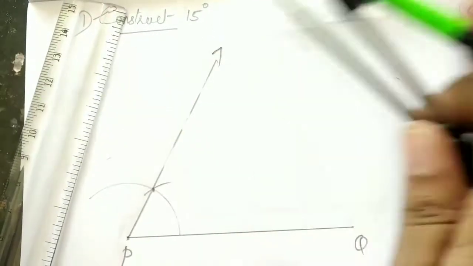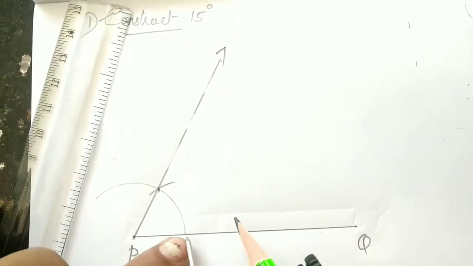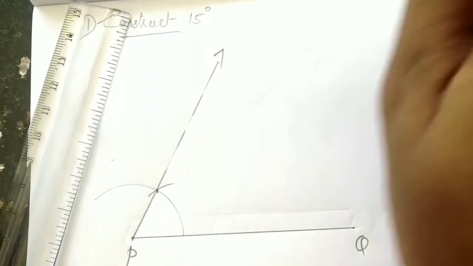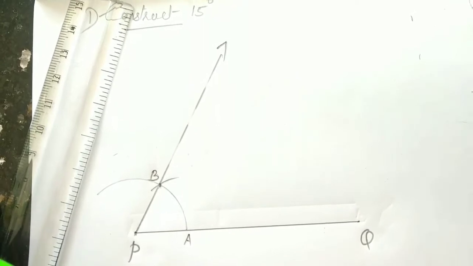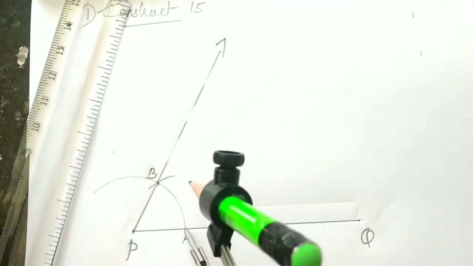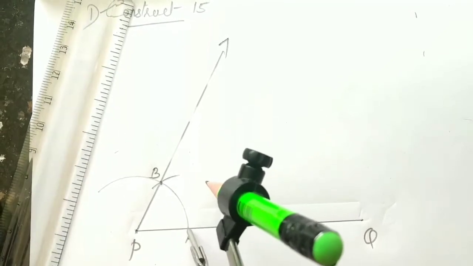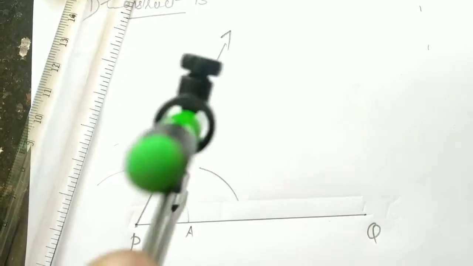Then we need 30 degree. So put the tip of the compass at this point. This is A and it is B. Draw the bisector of this arc AB. Put the tip of the compass at A, draw an arc like this.